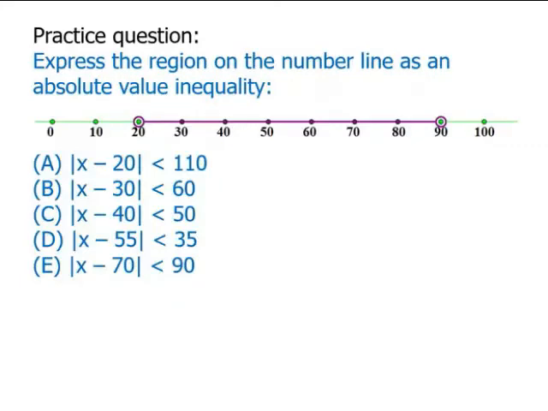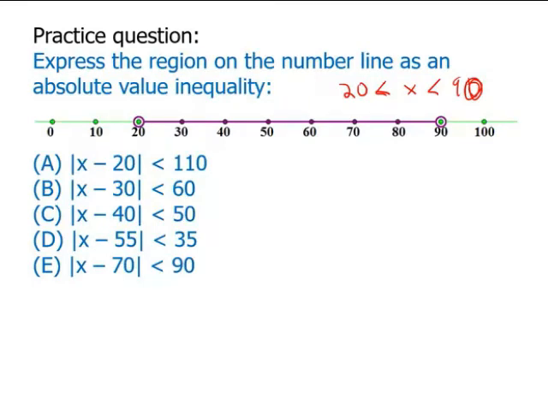So we're including everything down to 20, but not 20 itself. So in other words, if we were going to write this in terms of numbers, we would say 20 less than x is less than 90. So in other words, 20 and 90 are not included. That's why we have open circles. If they were closed circles, these would be less than or equal to signs.